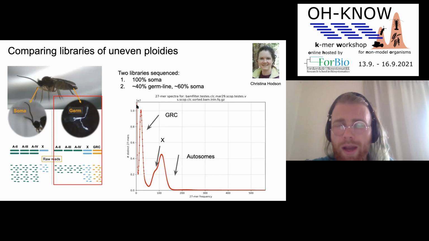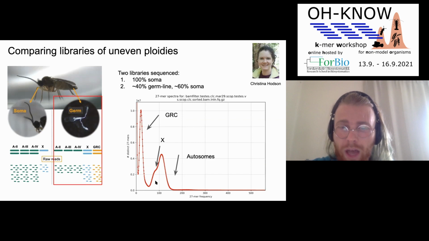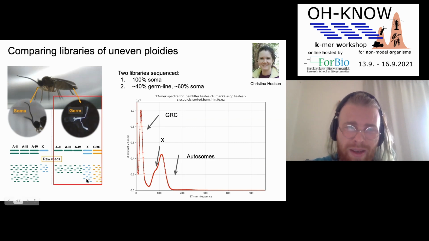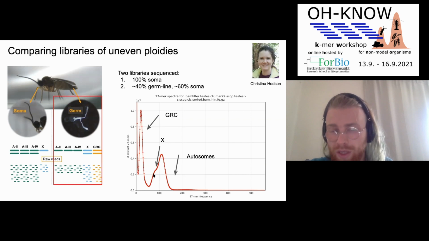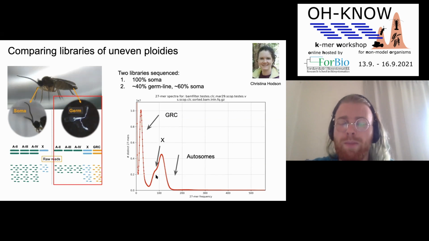And wait, how can I know? Well, because I see that the autosomal peak is actually larger, with a higher coverage than the X peak, although I know that in the germline the X chromosomes are there in twice the count of the autosomes. You also see that the two peaks are very much blended together, which means that it's not 1:2.